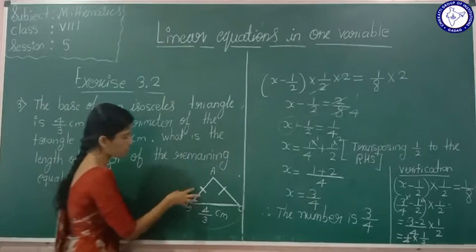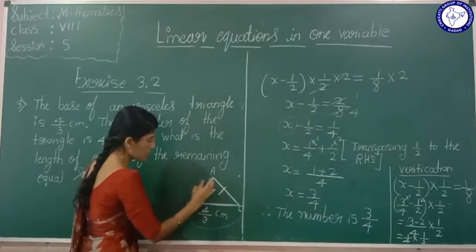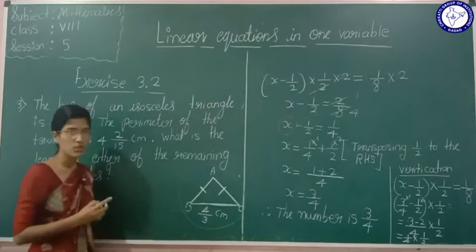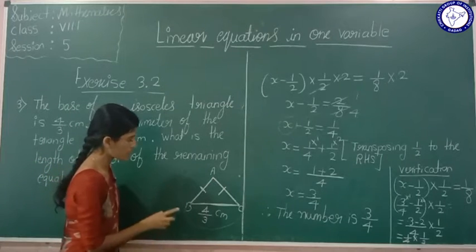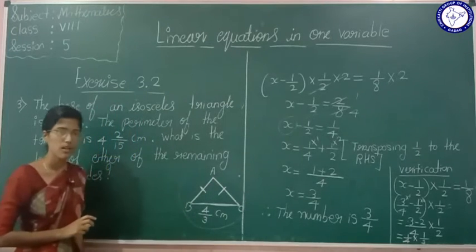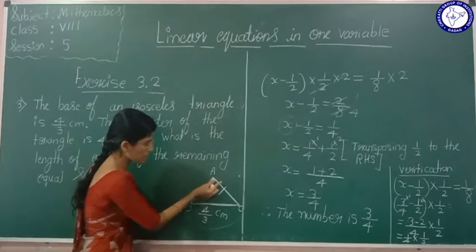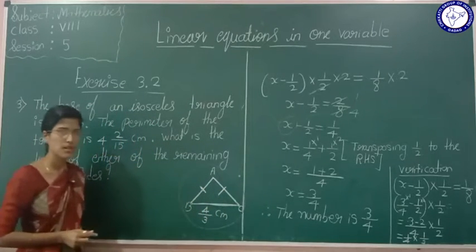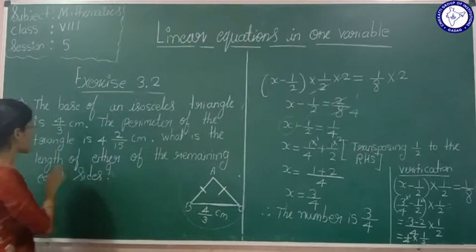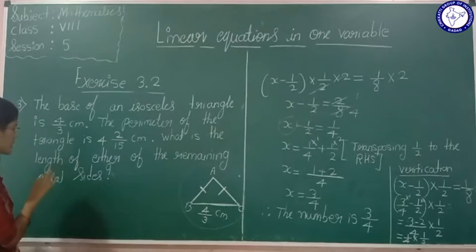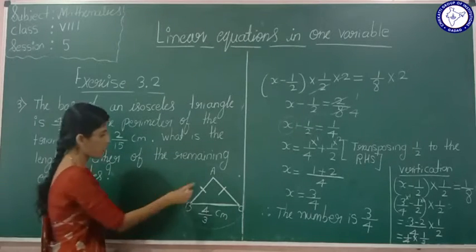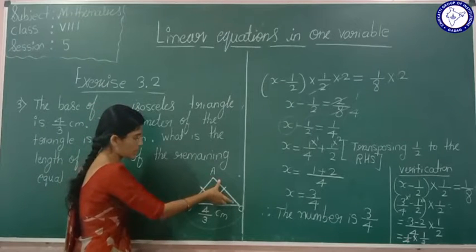The total length of the side of a triangle is nothing but a perimeter. So what is the length of either of the remaining equal side? They are asking us the length of this equal side.